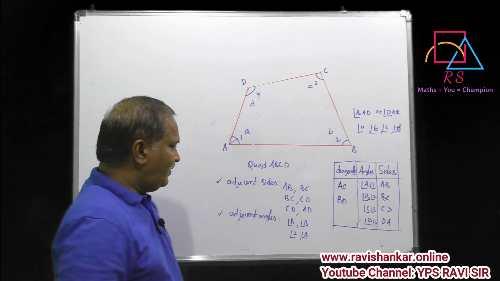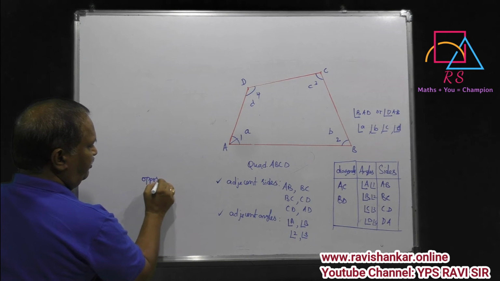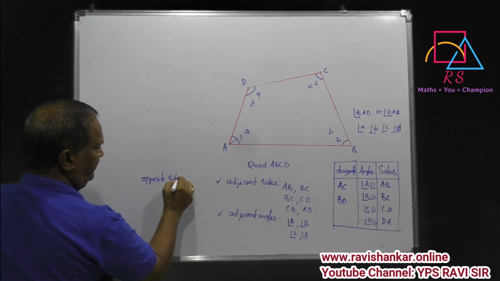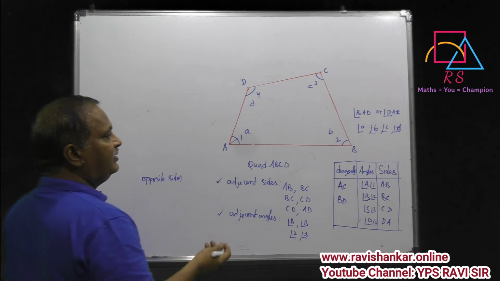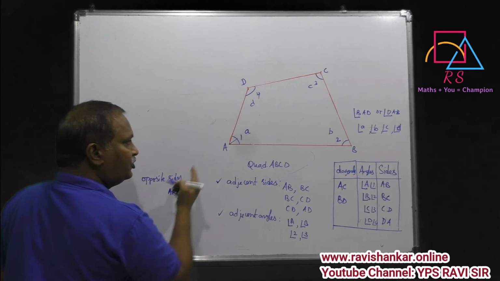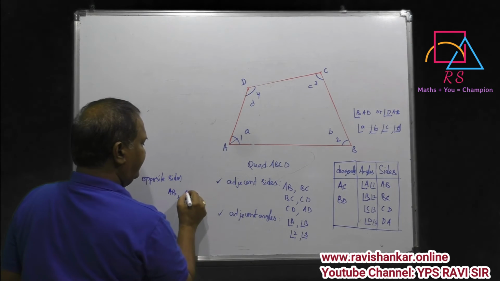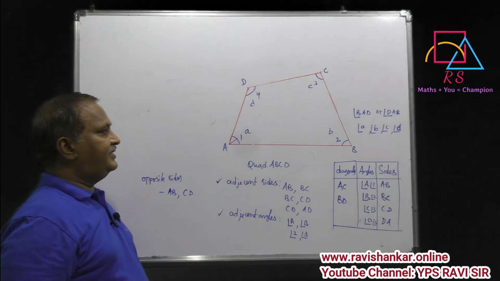Now one more thing, when there is adjacent, there is opposite also. Opposite sides. What are the opposite sides? Suppose you take AB as one side, opposite to AB is CD. So AB, CD are opposite sides.